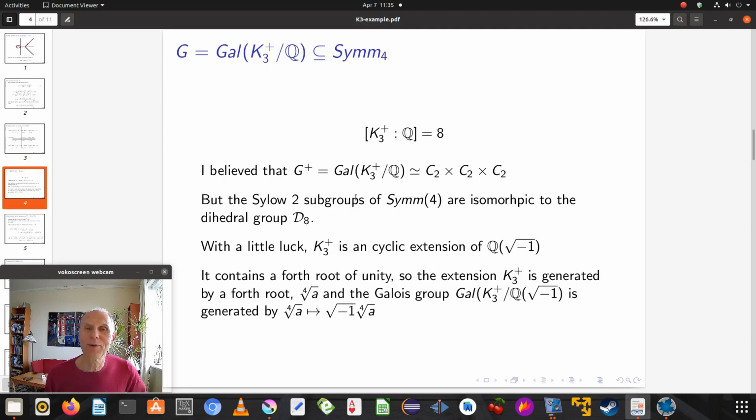And since it's an extension of 8th degree over the rational numbers, we get here the Sylow 2 subgroups of order 4. So that's known to be the dihedral group of order 4.